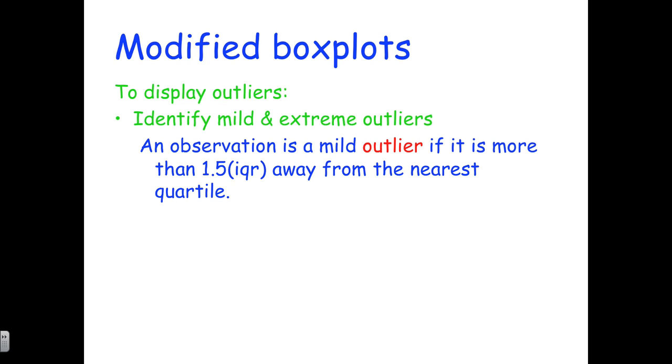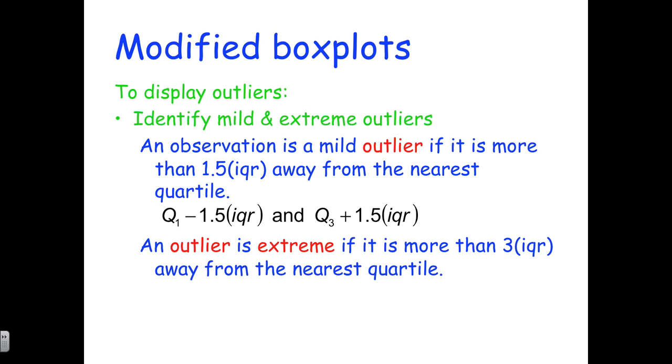So the definition, it's a rule of thumb, is an observation is a mild outlier if it's more than 1.5 times the IQR away from the nearest quartile. So you find your IQR, multiply it by 1.5, and subtract it from Q1. You add it to Q3 to find how far away it is. It's an extreme outlier if it's 3 times the IQR away from the nearest quartile.